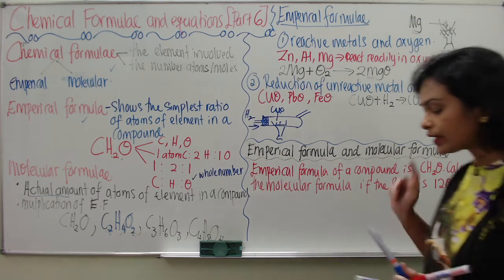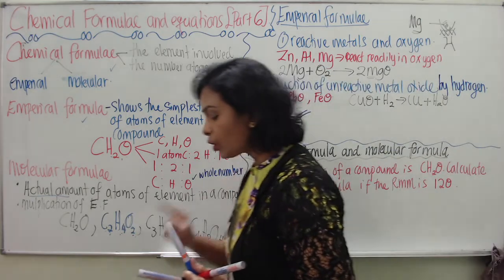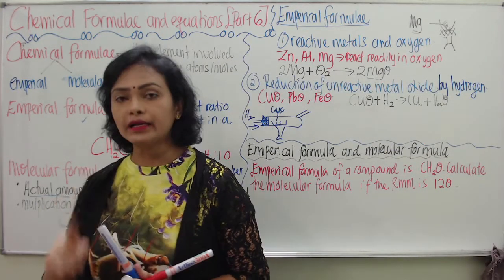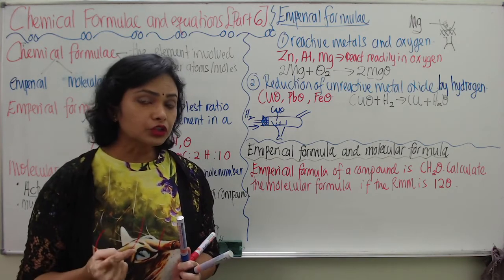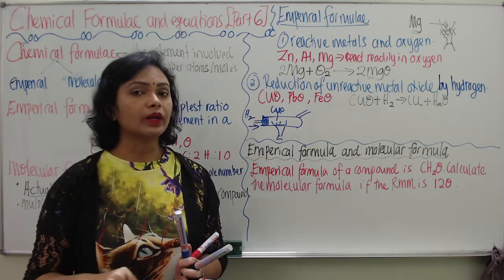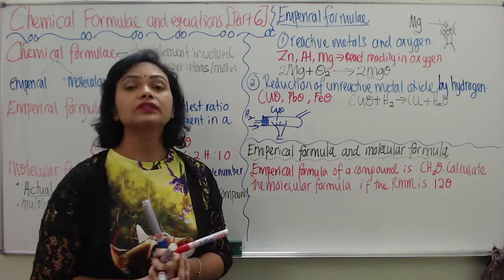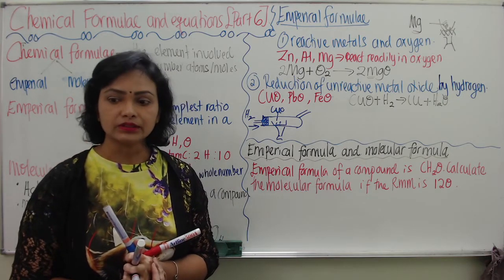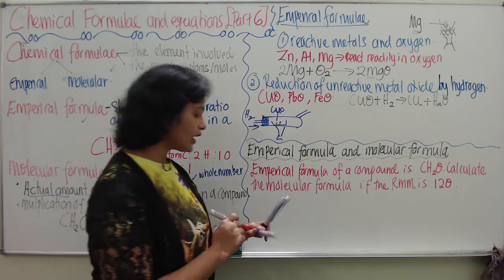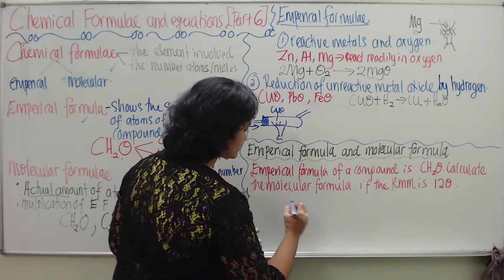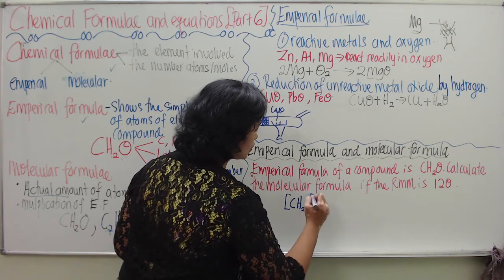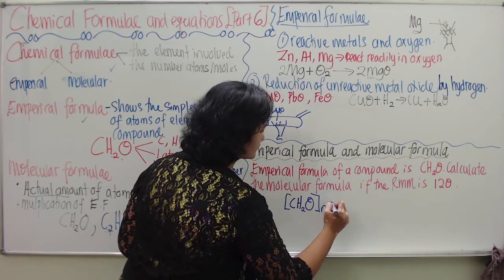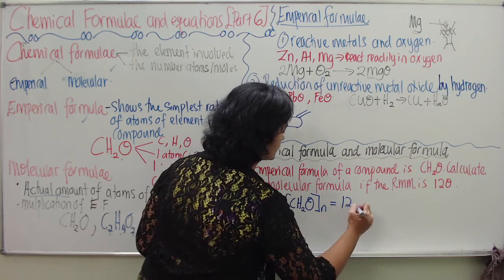Please remember, the relative molecular mass can only be calculated when we know the molecular formula. Unfortunately, we don't know the molecular formula, but we know the relative molecular mass. So this is the easier way: CH2O multiplied by n is 120.